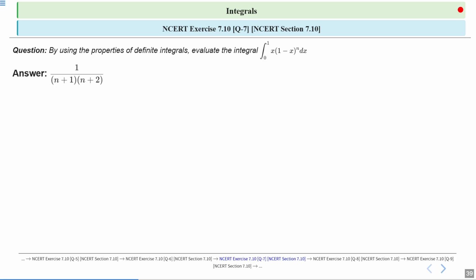So the answer is 1 by (n plus 1) into (n plus 2). Let the given integral be I is equal to 0 to 1 x into (1 minus x) whole power n dx.